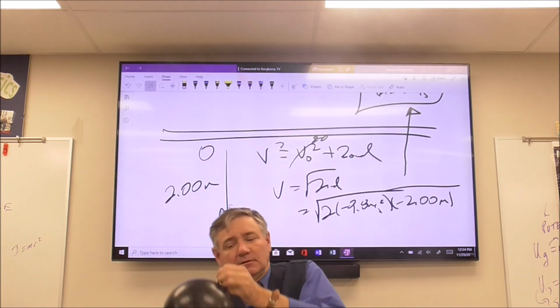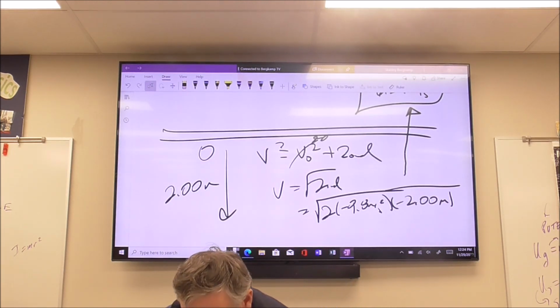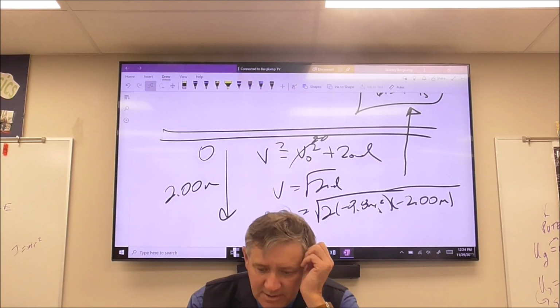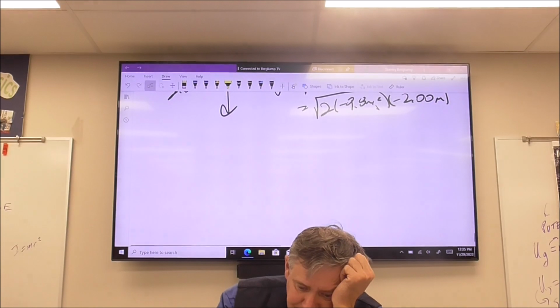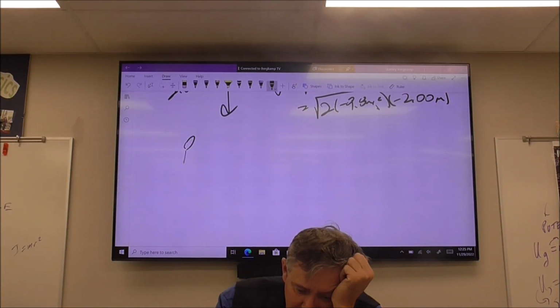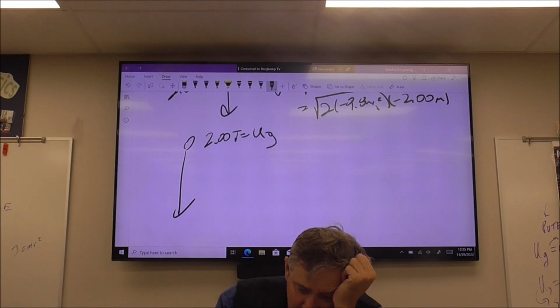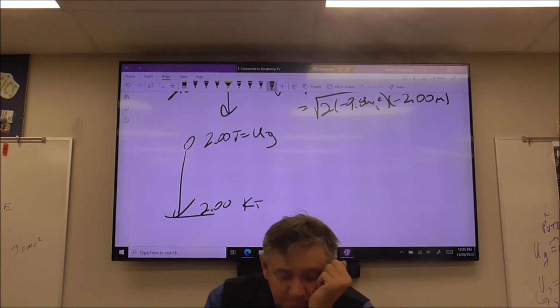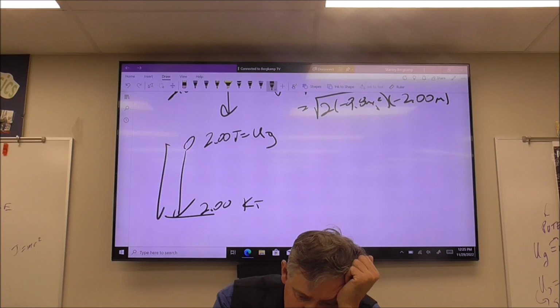Okay, now, here's the deal. So here's where we're at. When it was up here, it had 2 joules of UG. When it landed, it had 2 joules of KT. And the height was 2 meters.